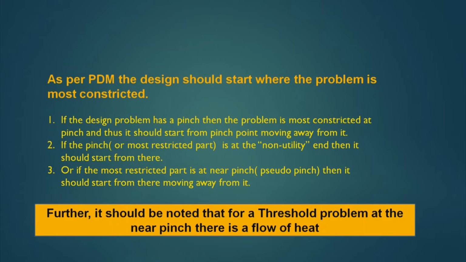Or if the most restricted part is a near pinch or pseudo pinch, then it should start from there moving away from it. But in this one thing we should remember: in a threshold problem at the near pinch there is a flow of heat. So, we should not confuse this.